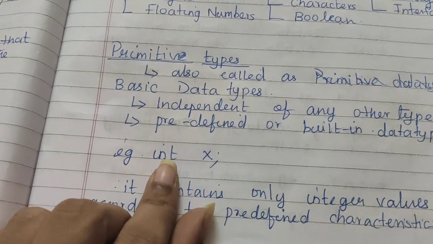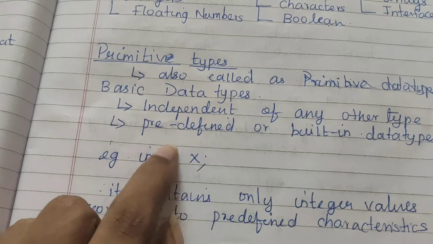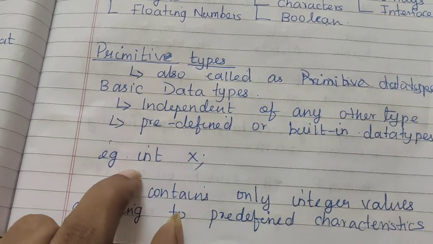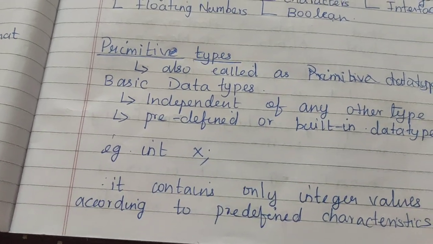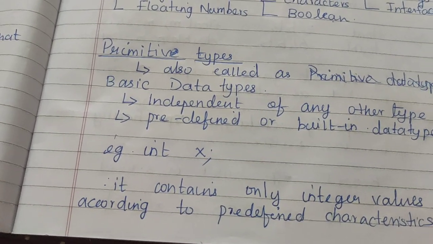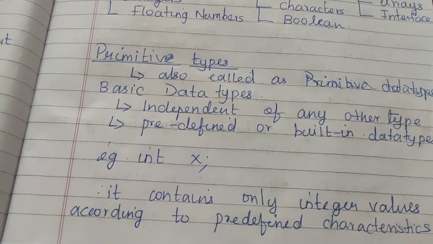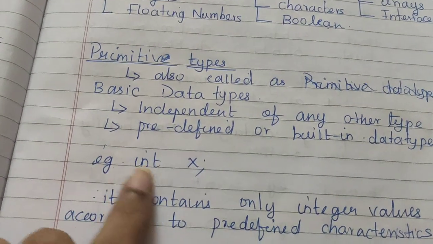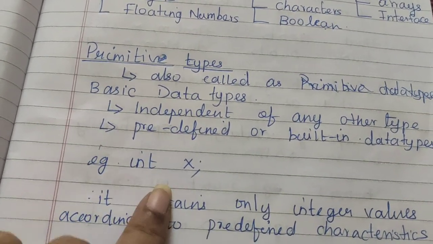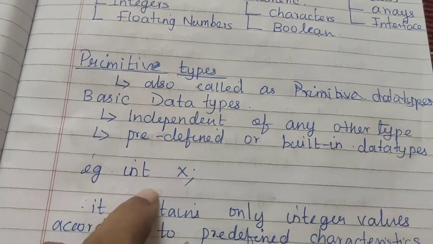If you give int, it will know what should be saved in this variable that is declared as integer. It should save only whole numbers, not the decimal point numbers. So each data type will have different characteristics for what should be saved in it.